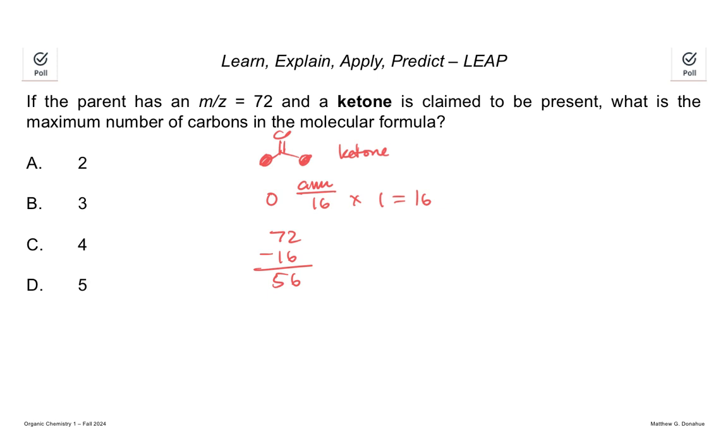So 56 is equal to the carbon plus hydrogen count. The number of carbons, 56 divided by 12, that's 4. And so we would get C4H8O.